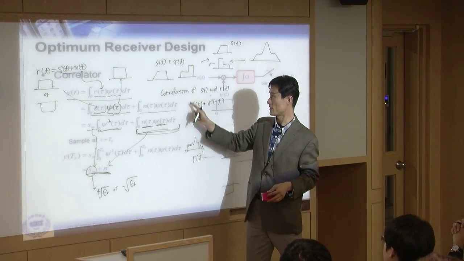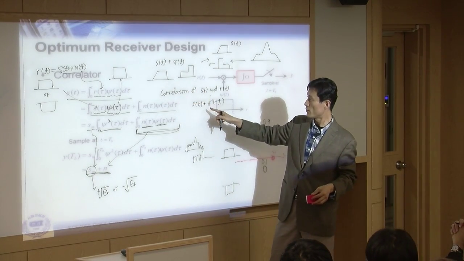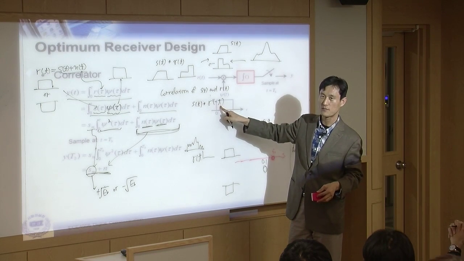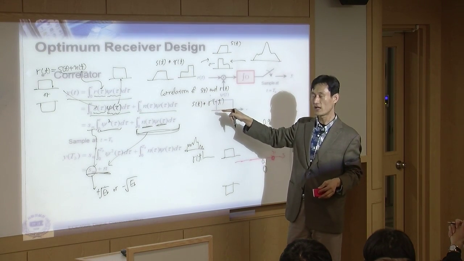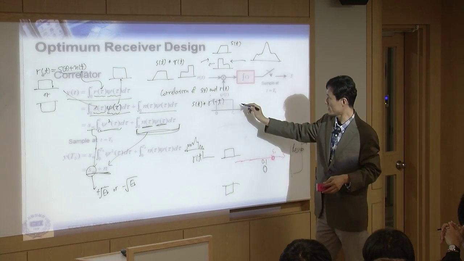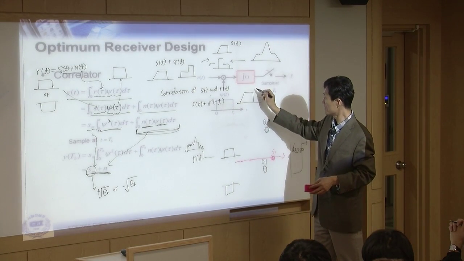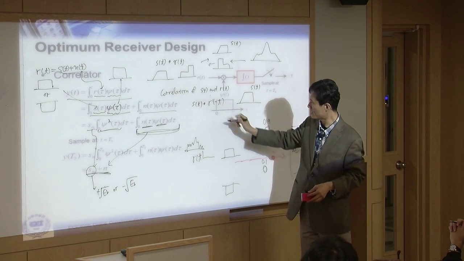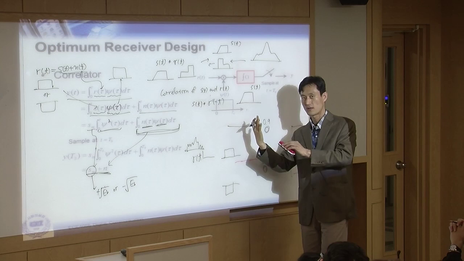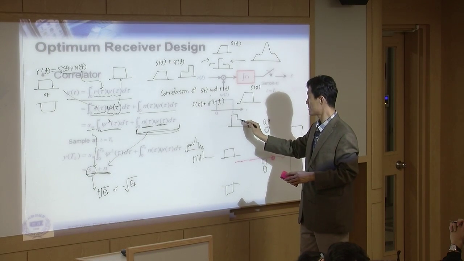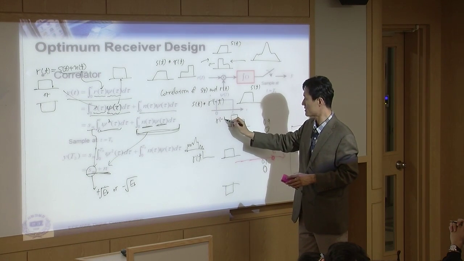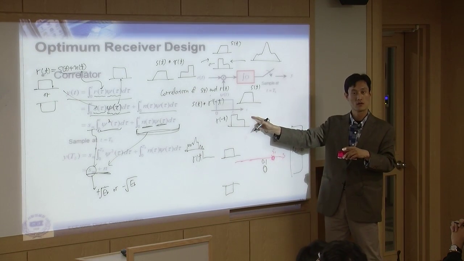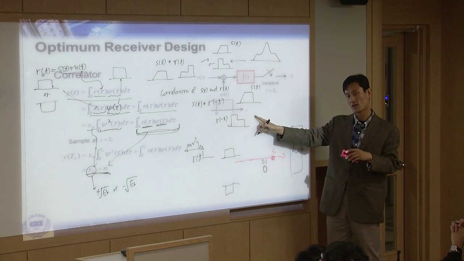When you have this kind of calculation, first you put the negative in the time domain and then do convolution. So this is s(t) and r(-t), where minus is a flip left to right.